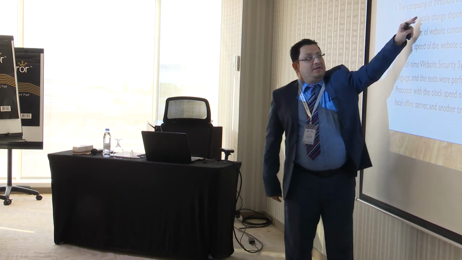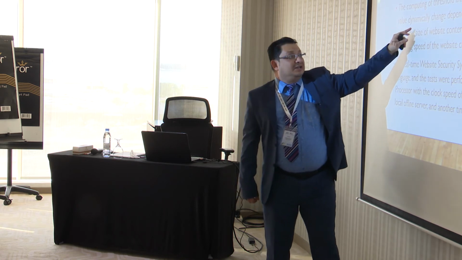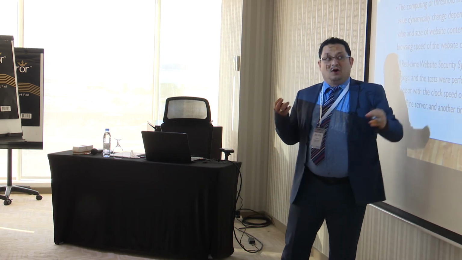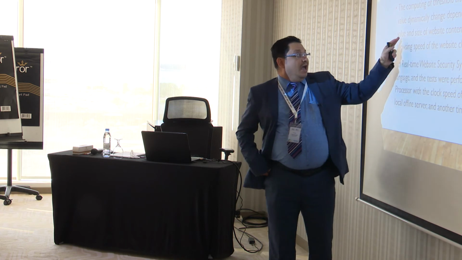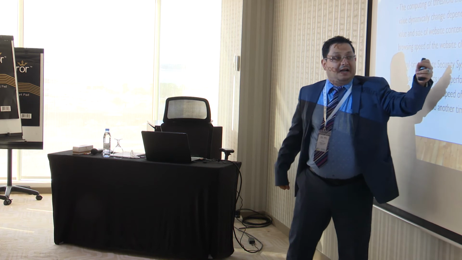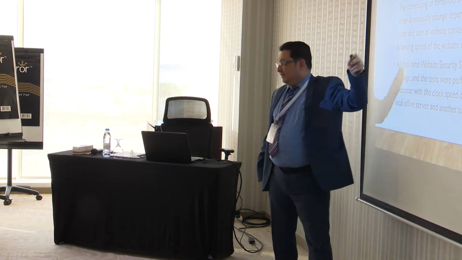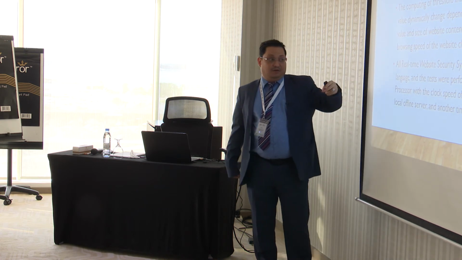Computing the threshold after 10 normal requests keeps the threshold value dynamically changing, depending on the website hosting server speed, the value and size of the website content, and the most important attribute, the browsing speed of the website clients. So these are the factors in our equation.